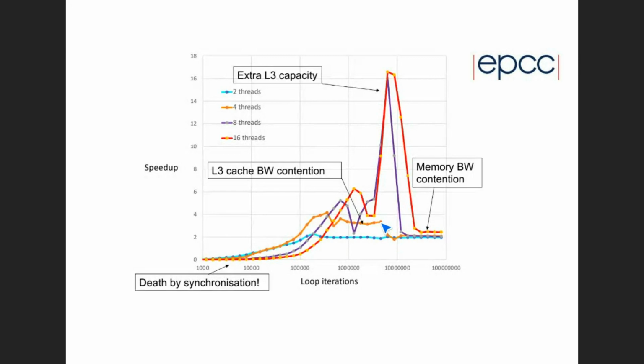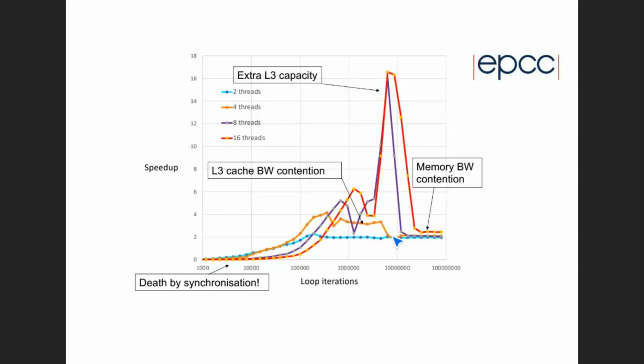And then at this point here, the data doesn't fit in the level 3 cache anymore, so all those memory references, all those reads, are coming directly from main memory. So I'm now contending for memory bandwidth.